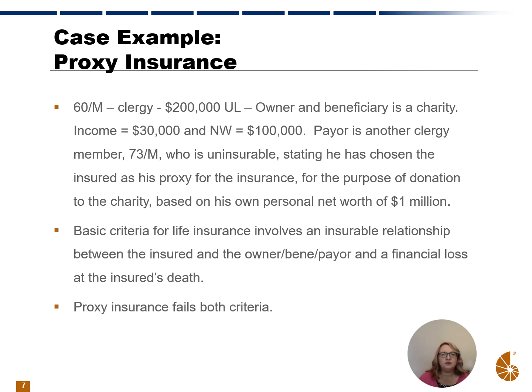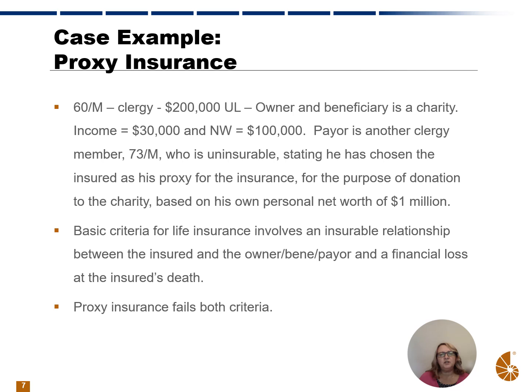So if we look at this for the basic tenets of an insurable interest, there's really no financial loss at the insured's death to the person that wants to pay this, and there's really no insurable interest between these two individuals. So proxy insurance fails both criteria, and this is one that we would not be able to do.